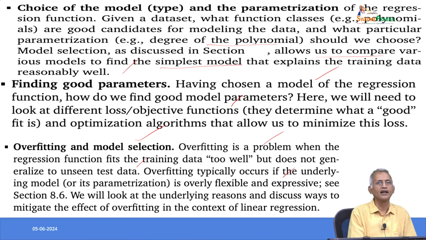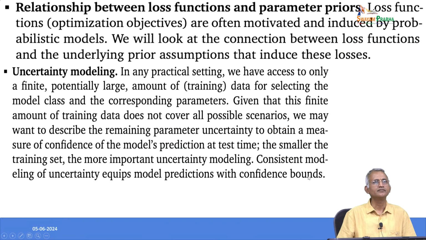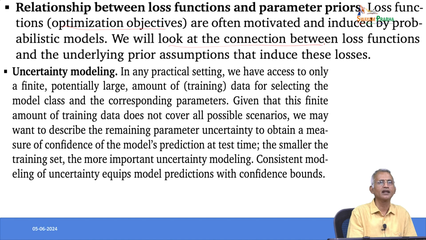So, we will look at the underlying reasons and discuss ways to mitigate the effect of overfitting in the context of linear regression. Then, the relationship between the loss function and parameter priors. The loss functions and optimization objectives are often motivated and induced by a probabilistic model. So, we will look at the connection between the loss function and the underlying prior assumptions that induce these losses.